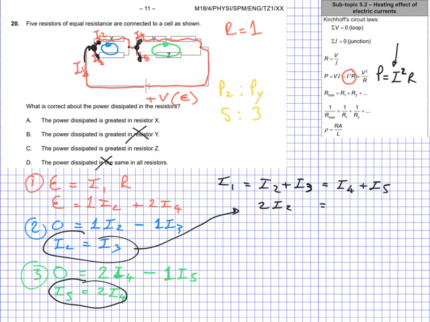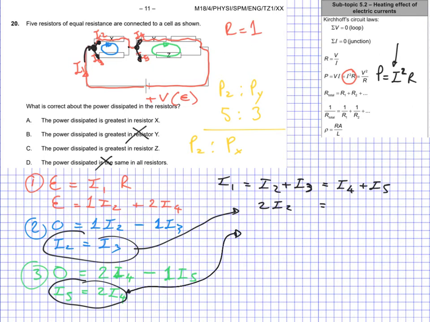So let's go ahead and compare the power dissipation of Z to the power dissipation of X. So we need to consider I5. We want to substitute that in over here. So we need a statement about I4 to substitute in. So we can take this statement here and substitute in.